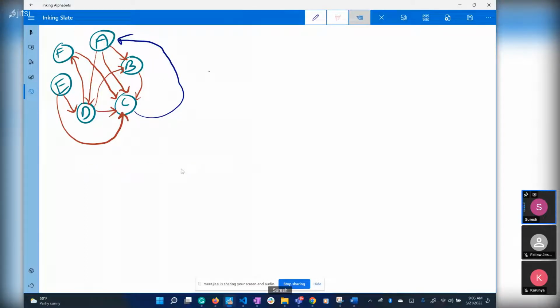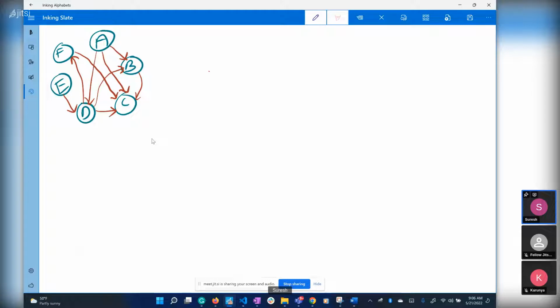But if we don't have this connection, now C is the celebrity. Let's say one more example. If we don't have this connection, look at this: E knows only D. E doesn't know about C. That means E doesn't know about Sachin.